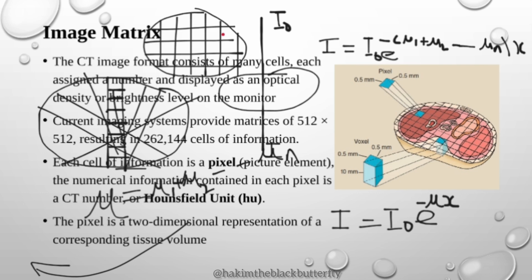This image is going to be displayed by 262,000 pixels. This implies that to get information for each and every pixel, this CT system must calculate equations equal to 262,000 in just seconds, just to give a single slice.